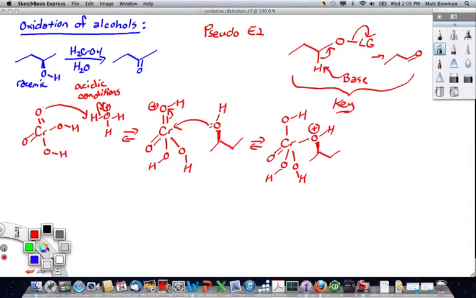Let me just sketch those atoms in. Hydrogen, carbon, oxygen, leaving group. And those atoms are right here. You have the hydrogen, carbon, oxygen. There's that bond. And there is the leaving group.